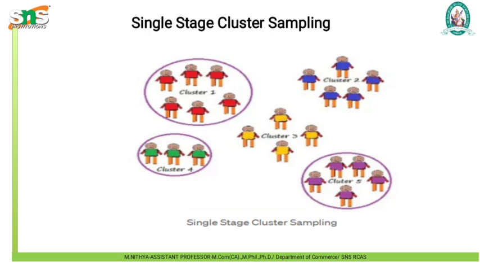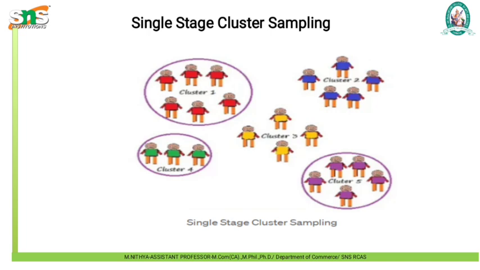Cluster sampling is again divided into three smaller types: single stage cluster sampling, two stage cluster sampling, and multi-stage cluster sampling. Single stage cluster sampling means, as the name suggests, sampling is done just once.